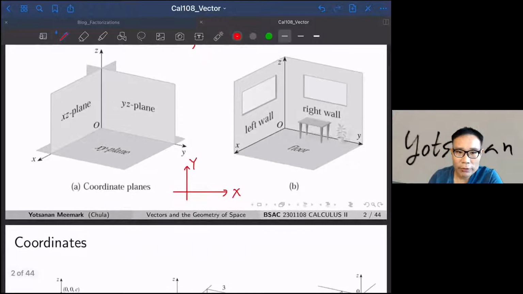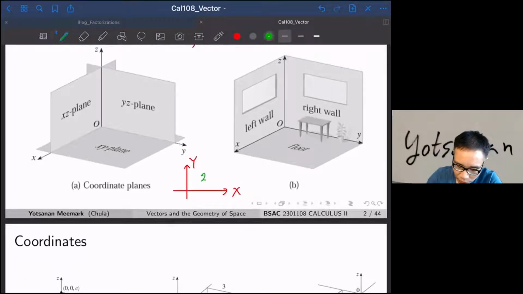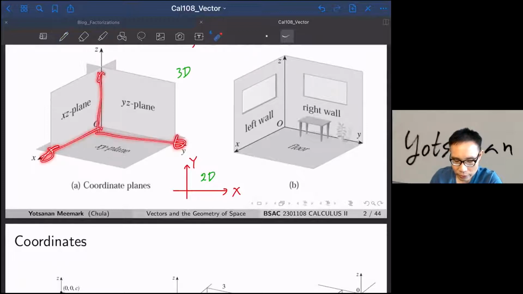The first part of the course turned out to be about the geometry, and the geometry that we're gonna study is the geometry in three-dimensional space. So this one is two-dimensional, and this guy is three-dimensional, so it's going to be 3D. And you see that you have your x, your y, and your z.